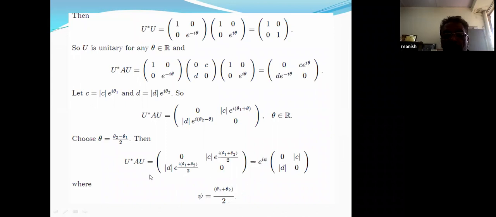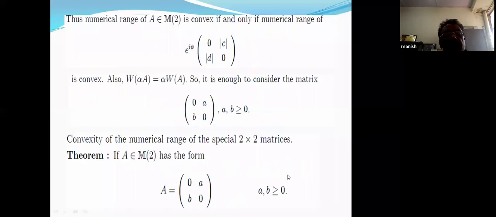Now we calculate the numerical range of this matrix. This depends only on the matrix 0, mod C, mod D, 0. Why? Because this just corresponds to rotation. So convexity depends ultimately on such a type of matrix for the 2 by 2 case, with 0, 0 on the diagonal and off-diagonal entries non-negative.